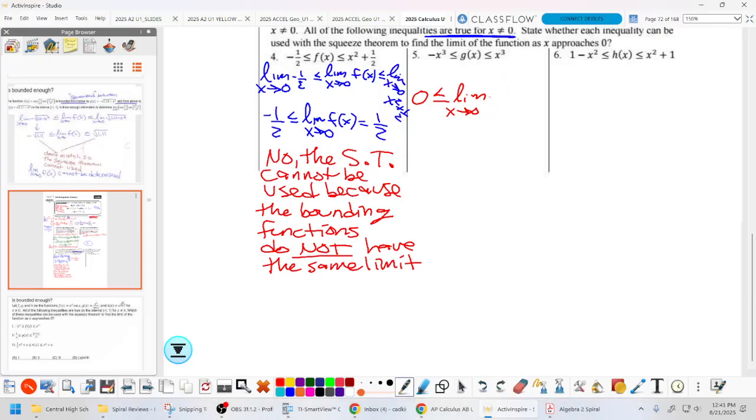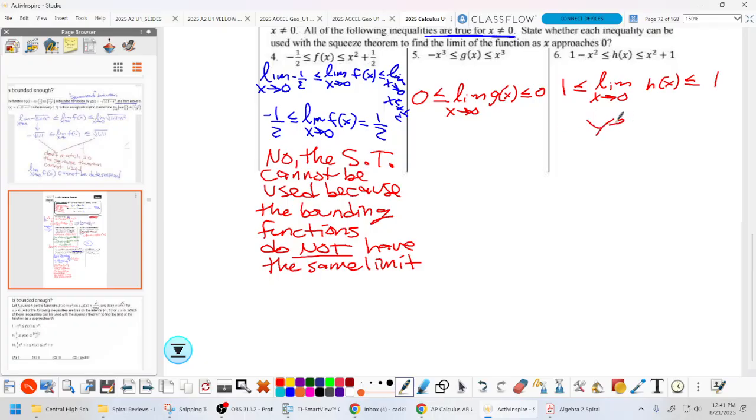Forgot the g. Yeah, because those bounding functions have the same limit. And remember, we had to be told that the inequalities are true. If we didn't have that stated up here, then we wouldn't be able to do this. Okay, and then here you're going to get 1 and h(x) and 1 over there.